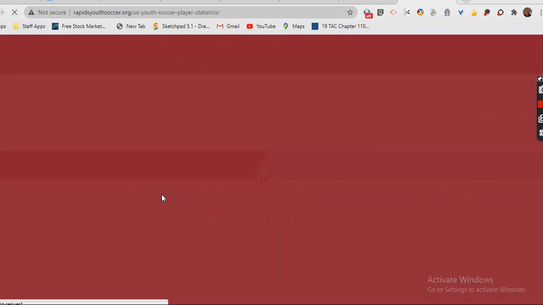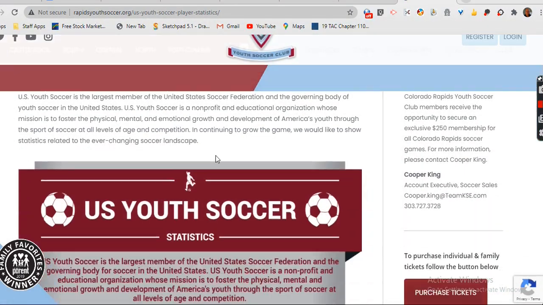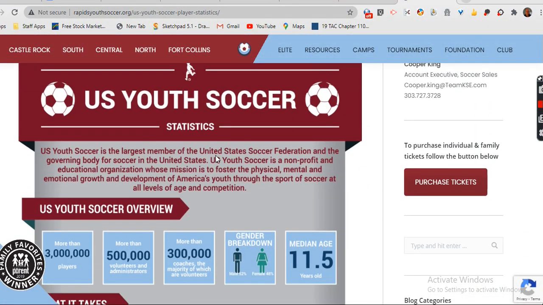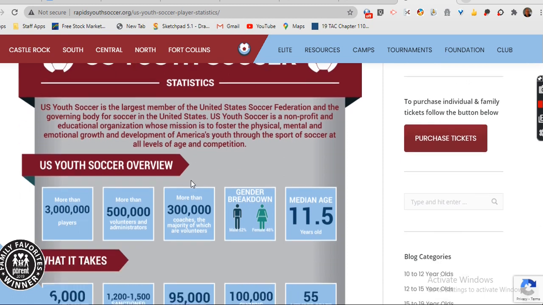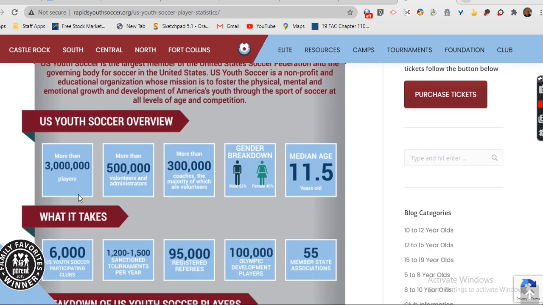So I scrolled down and found this website that talked about the numbers per state. Now, the statistics are a little older. They're actually from 2014. It hadn't been updated, but it's okay. We're going to use it as our example. So what they did was they realized that there were over 3 million youth playing soccer and over 500,000 volunteers.